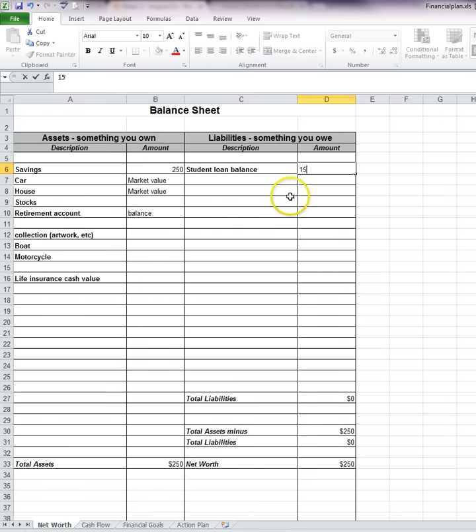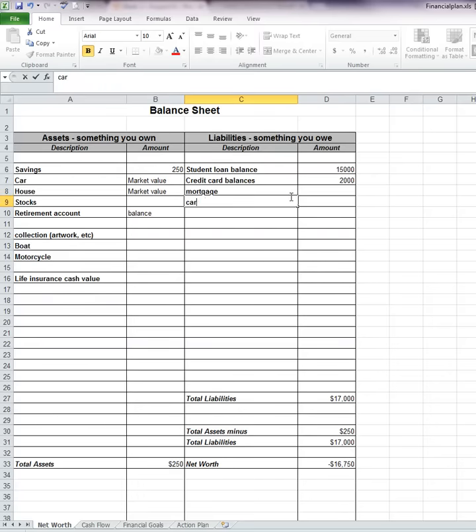So let's say you owe $15,000 in student loans on the day you do this. Another typical liability would be credit card balances. How much do you owe in the aggregate to credit cards? Let's say that's $2,000. Other typical liabilities include a mortgage.